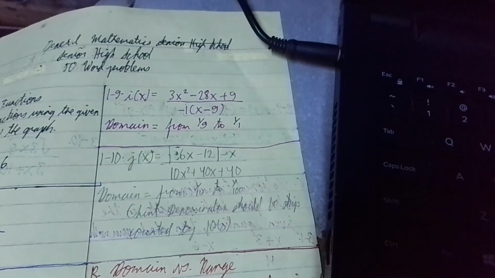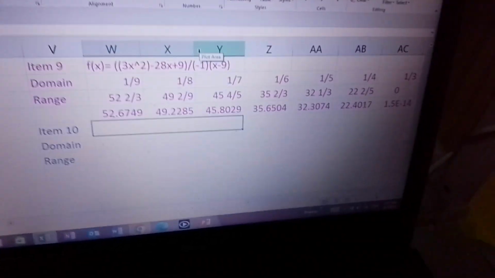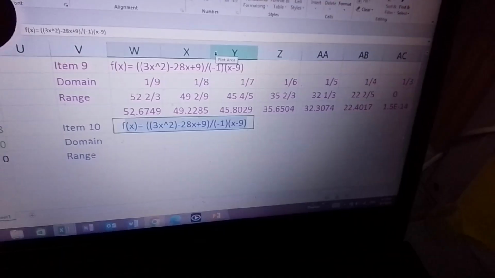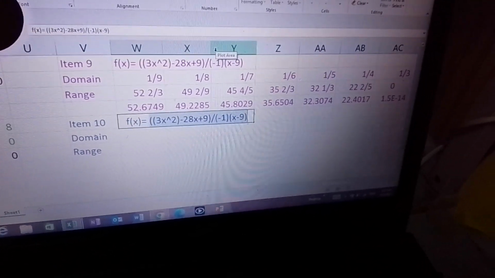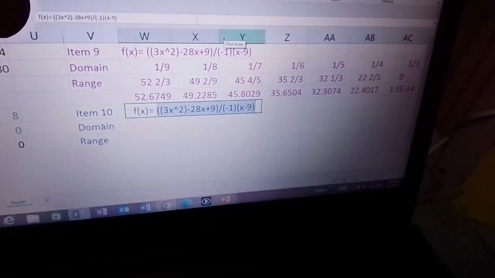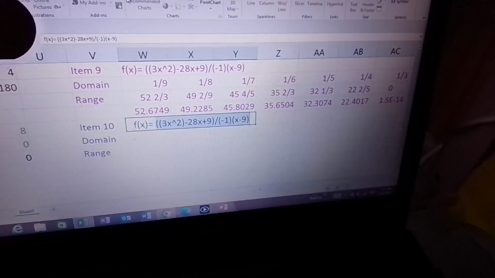Let me show you how this works. Let's go here. First, let's input the function that we want here. This is the function we made. So let's make it f of x is equivalent to the absolute value. Remember how to insert absolute value. Insert a symbol.